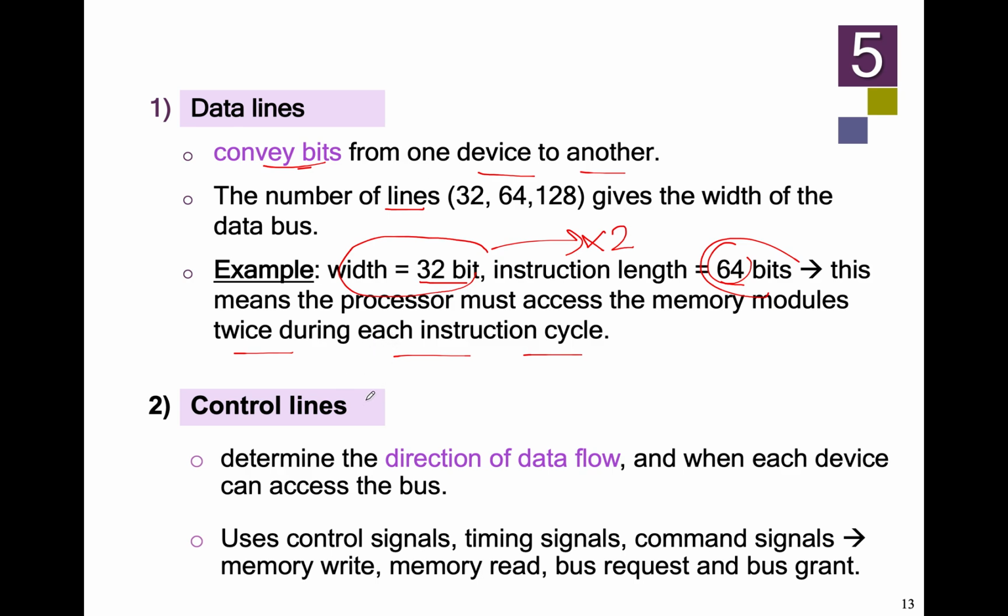Next is the control line. It determines the direction of data flow and when each device can access the bus. It uses control signals, timing signals, and command signals, such as memory write, memory read, bus request, and bus grant.